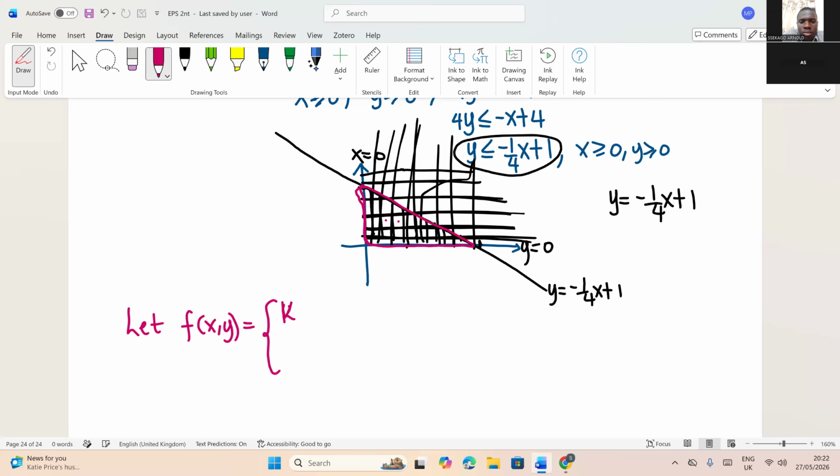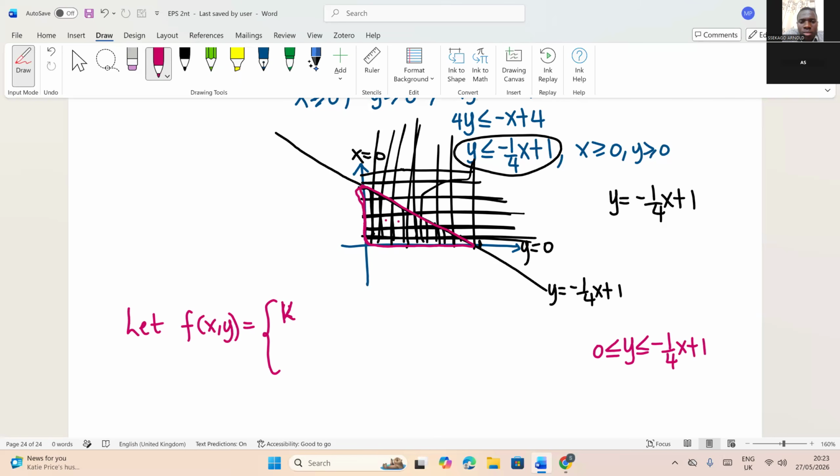It is a constant k, but obtained from the region that starts from, now here we have to be careful. Note that there are two cases. I have y greater or equal to 0, but this y is still less or equal to negative quarter x plus 1.